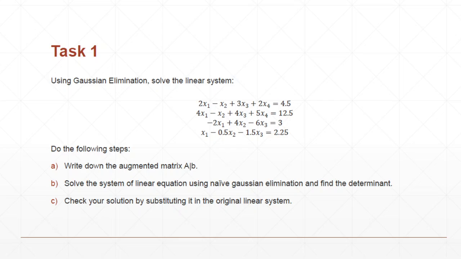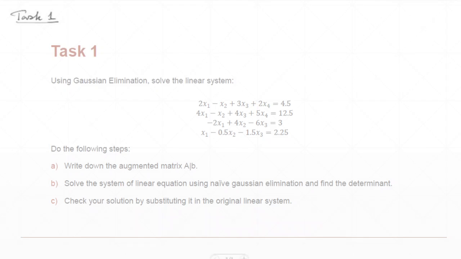We'll write down the matrix for all of these linear systems. Also notice that in the third equation it is minus 2x1 plus 4x2 and minus 6x3, but there is no x4 given, which means the value of the element in the matrix for x4 will be 0. Okay, then let's start writing the matrix A given B, the augmented matrix.